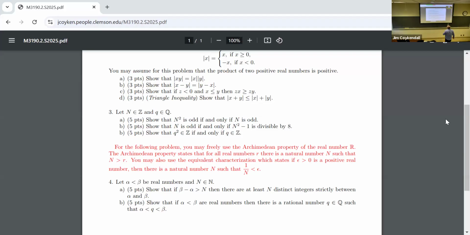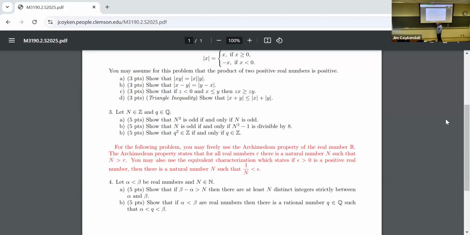An equivalent way to state this is if you have any positive real number, there is a natural number n such that 1 over n is smaller than that positive real number. So give me something like 0.12, then if n is 10 or if n is 11, then 1 over n is less than that, because 1 over 10 is 1/10. So you can use either of these freely.